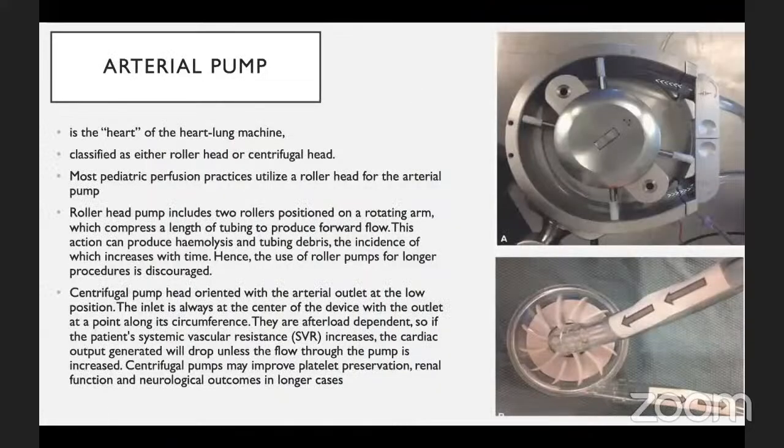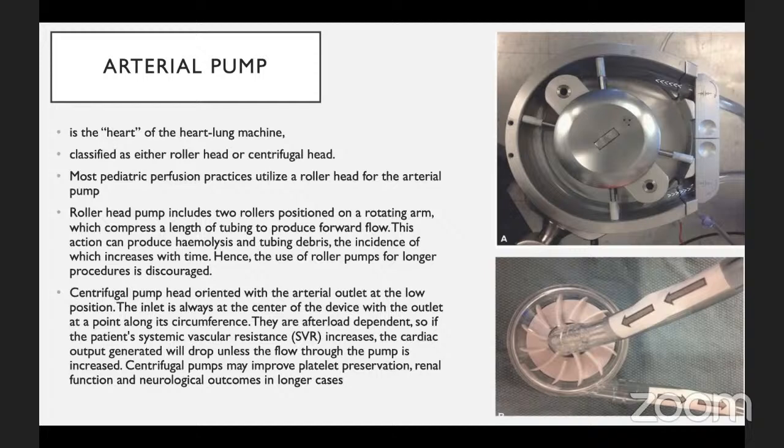The arterial pump is the heart of the heart-lung machine. It's classified as either roller or centrifugal head. Most pediatric perfusion practices utilize a roller head for the arterial pump.